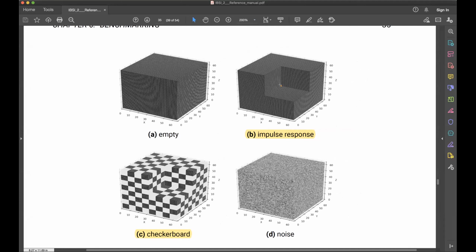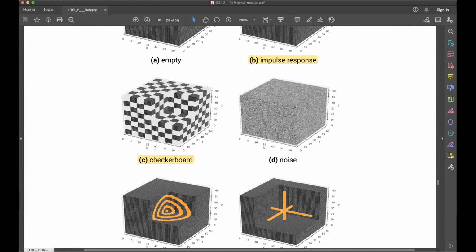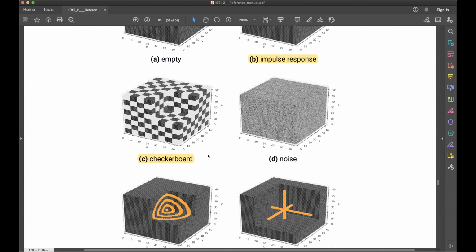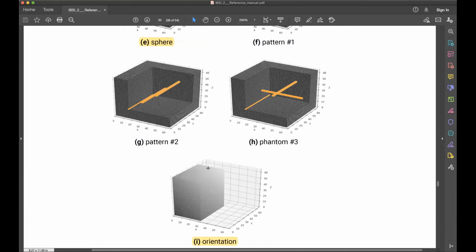So that's a good first way of checking whether your convolution process is right and whether you have the right filters. Then we go on to tests with more involved phantoms with different types of intensities, the checkerboard that looks like this, and this spherical phantom.